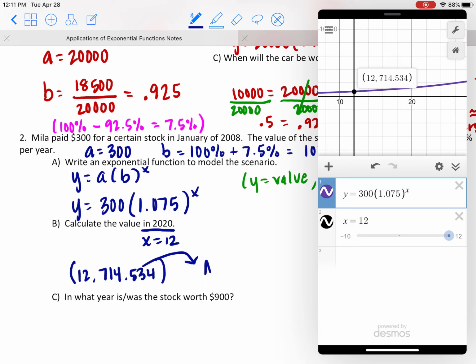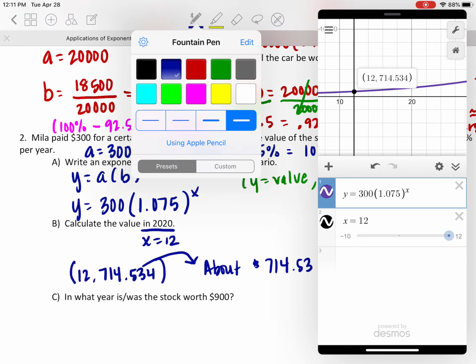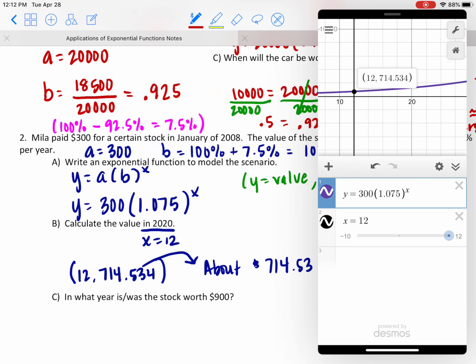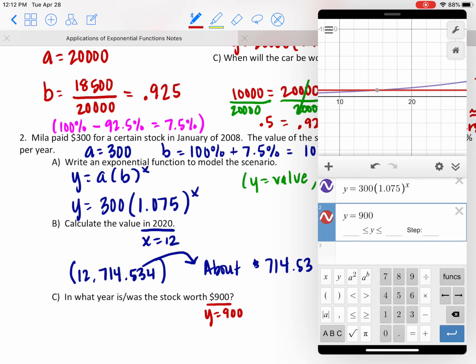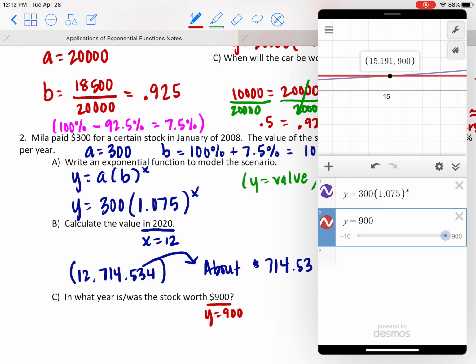That intersection says that when x is 12, our intersection at 12 and 714.534 tells me that the value is going to be about $714.53. Okay?